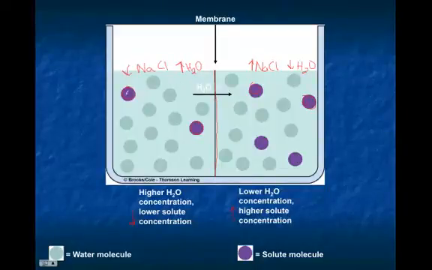Water is in a higher concentration on this side and in a lower concentration on this side. And so now water is just going to very simply diffuse, as you're seeing here, down its concentration gradient from an area where it's in a higher concentration to an area where it's in a lower concentration until the water molecules on this side are equal to the water molecules on this side.